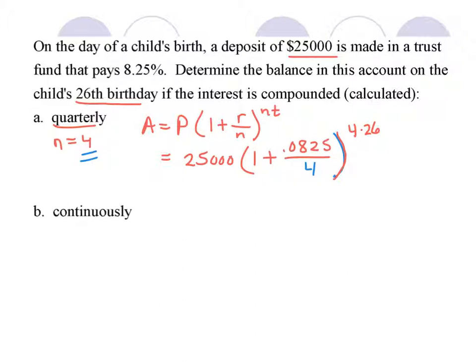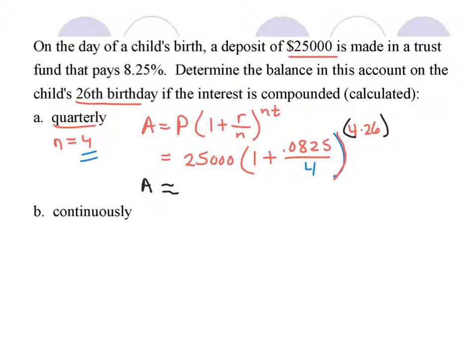At this point, since I know everything on the right side of that equation, I can use my calculator and plug all of these values in, making sure that I get the 4 times 26 either in parentheses like so, or I make that 104 as my exponent because 4 times 26 is 104.